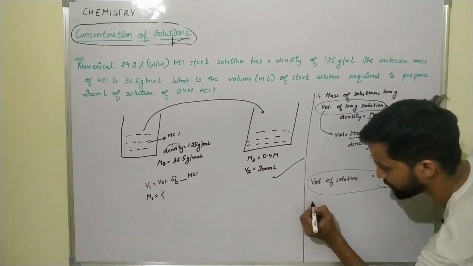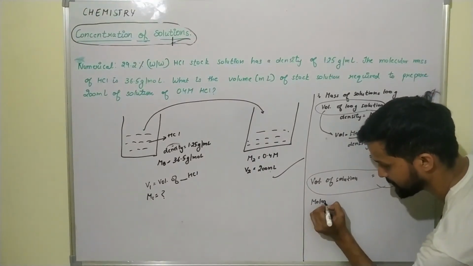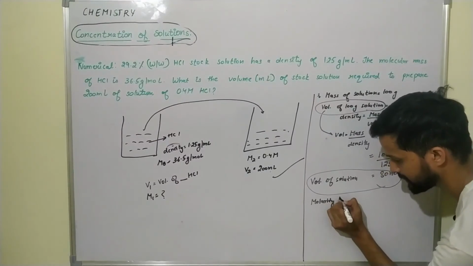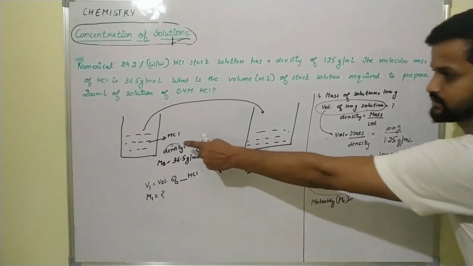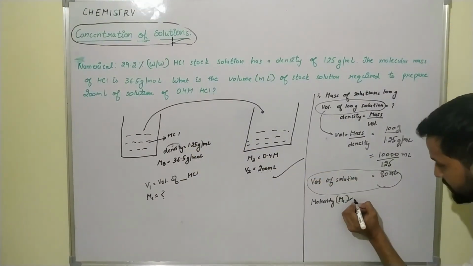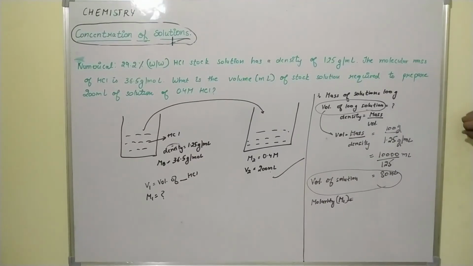Now we have to calculate the molarity. Here the molarity is M1. Clear? That means the molarity of this solution. So here molarity is number of moles divided by volume, and the number of moles is given mass divided by molar mass.